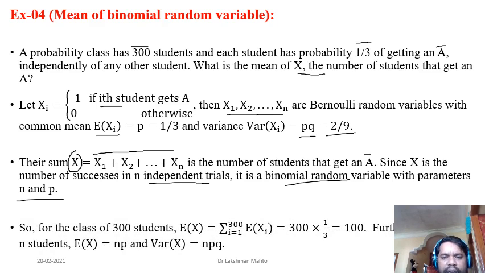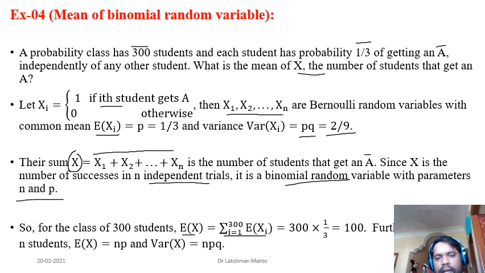Each Bernoulli random variable associated with one trial is independent of the Bernoulli random variable associated with another trial. Due to this independence, we can express the expectation of the binomial random variable X as a summation of the expectations of Bernoulli random variables.